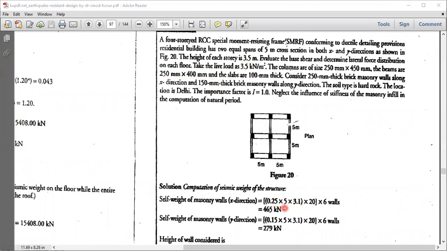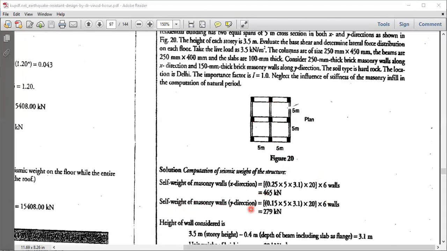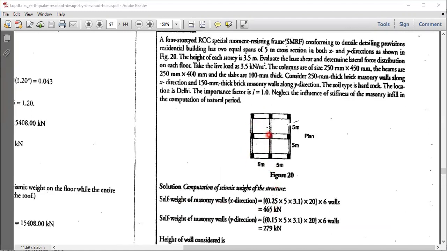Okay, so 0.25 into 5 into 3.1 into 20 density, such 6 walls are there. Similarly, in y direction, that is in vertical direction also, only the thickness changes. 0.15 into 5 into 3.1 is the height into 20.